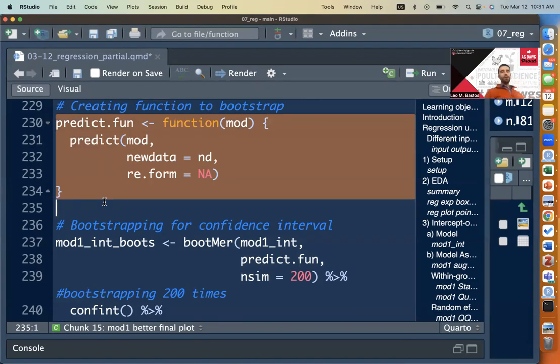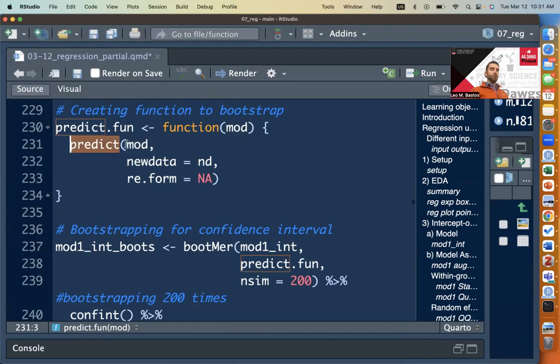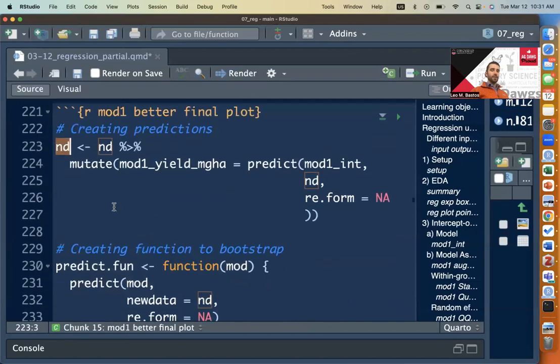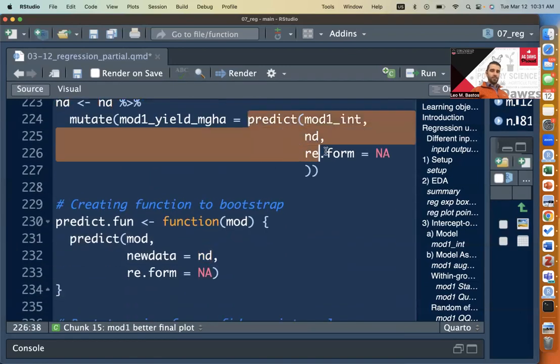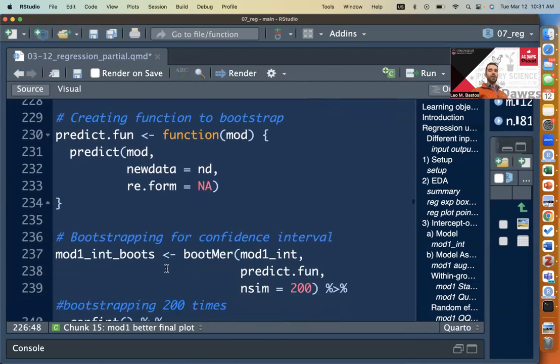But really, what I want you to understand is that when we give this predict fun right here, it is referring back to this function I'm giving it, which is basically taking the model and plugging that into the predict function we used before, giving the new data as ND. It's basically doing this, but we have to have it in function form for it to work in bootMer.